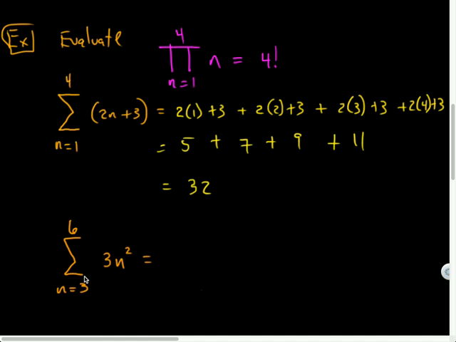I think technically it can even be negative, but the assumption here is that the values of n are always increasing by 1. All right, so 3, 4, 5, 6 is what that would be. So this would be 3 times 3 squared plus 3 times 4 squared plus 3 times 5 squared plus 3 times 6 squared, right?